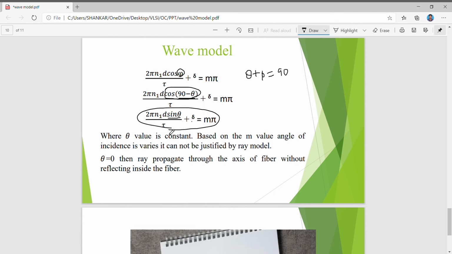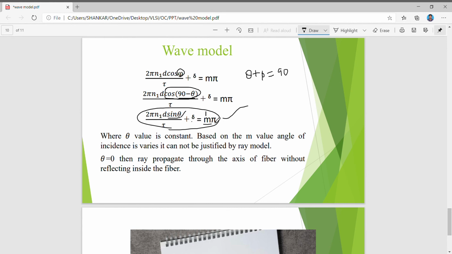Here is one important point. According to this equation, the theta value is constant, it cannot be varied. Suppose the value of m is equal to 1, then the total equation should be equal to pi. If theta varies, then it cannot satisfy the value of pi.